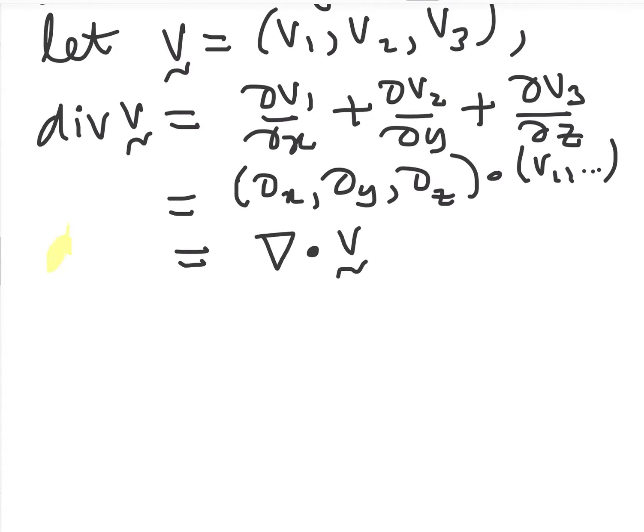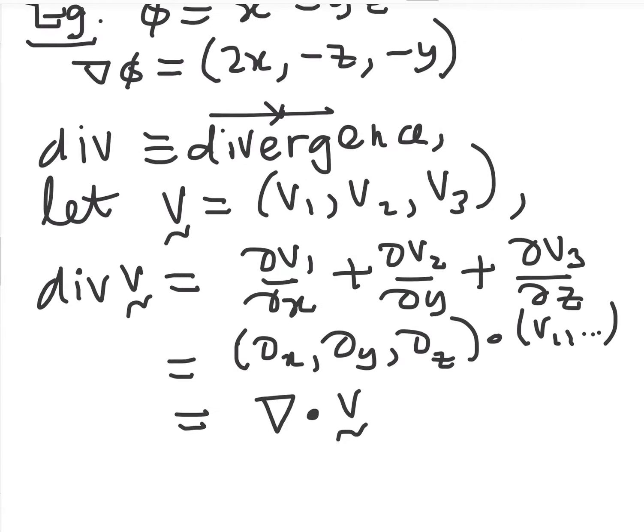So this is, of course, if we're writing this, the divergence of the vector field V, and if we highlight that, this operator is defined as del dot the vector field V.